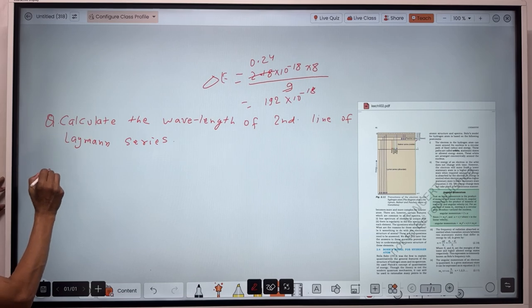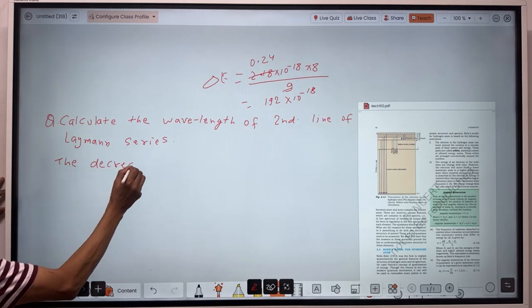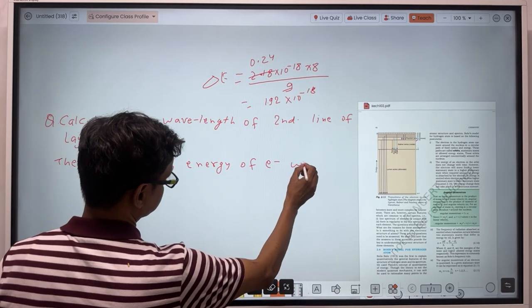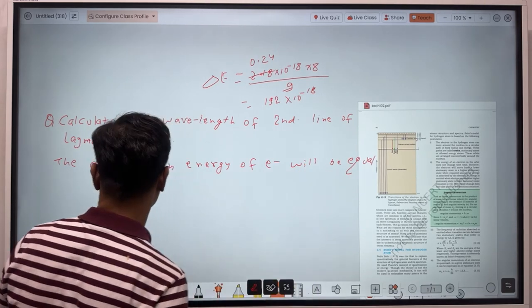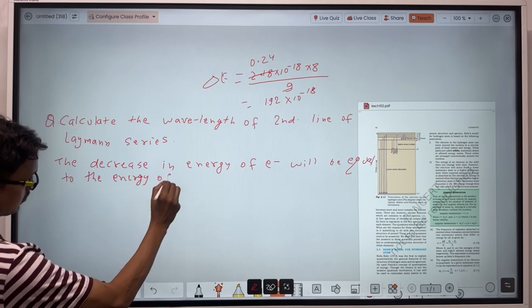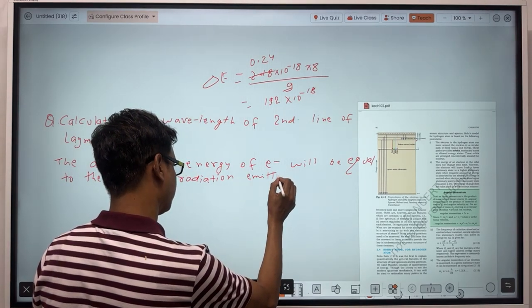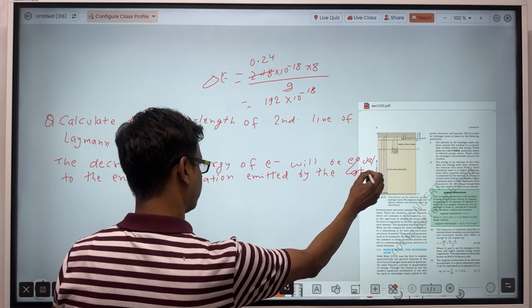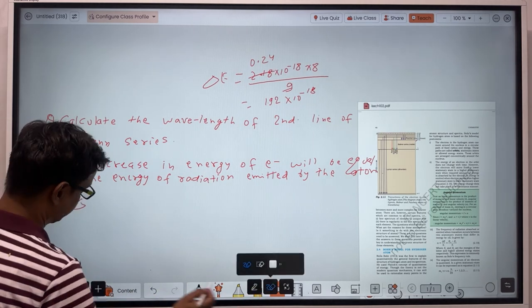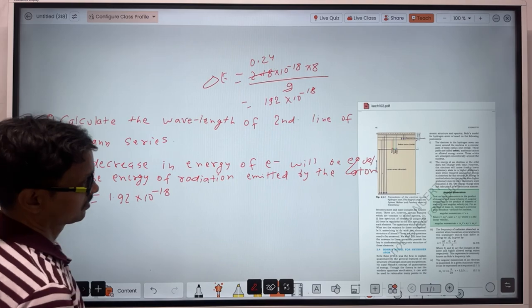Now let's see the energy of radiation. The energy of radiation is 1.92 into 10 to the power minus 18.